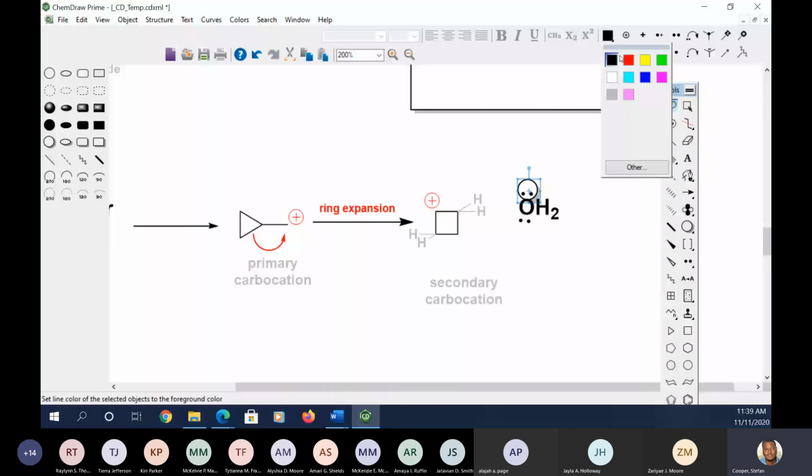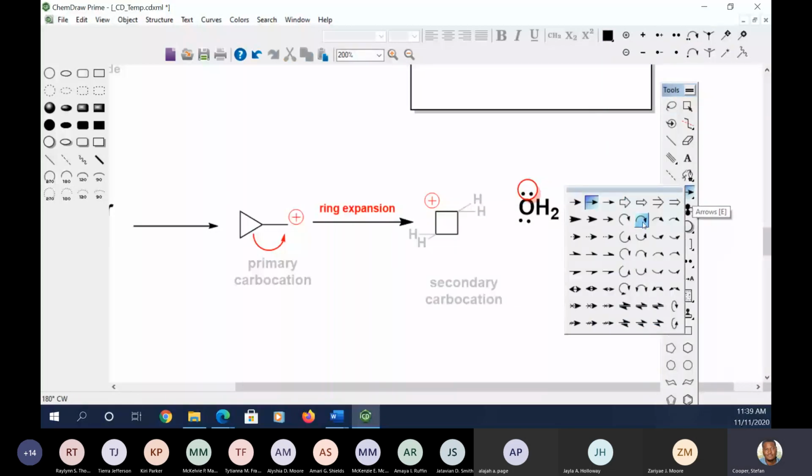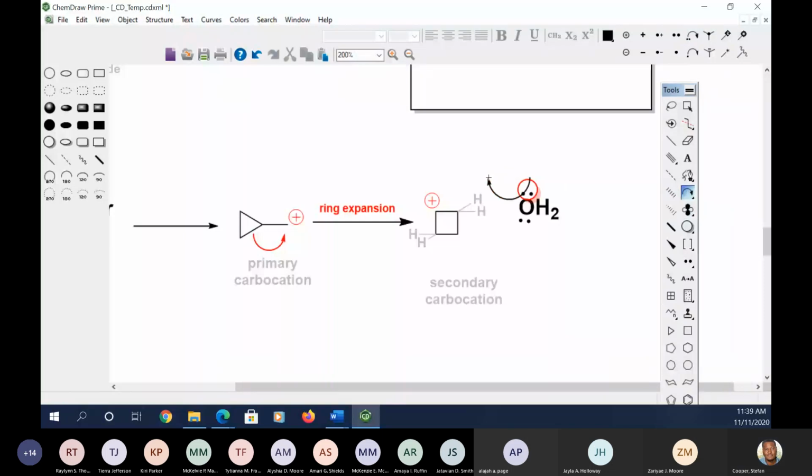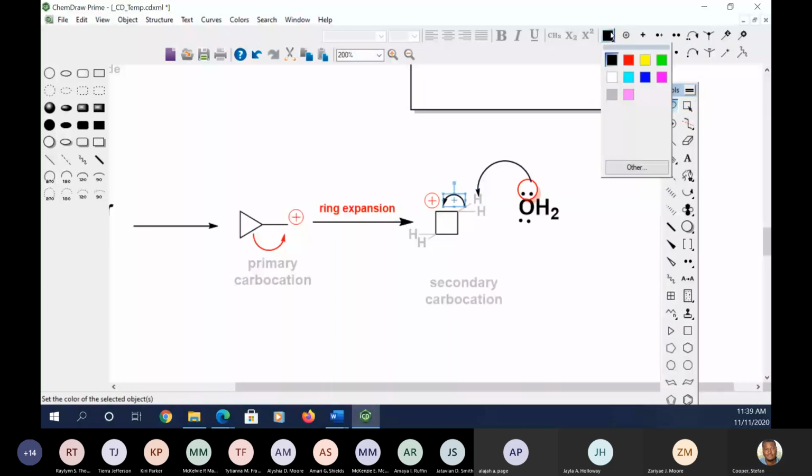Right. And I'm going to have a reaction arrow, and this has to be a double-headed arrow here that's taking one of the hydrogens here, right? And this is going to cause the electrons in the bond to collapse to form a double bond.